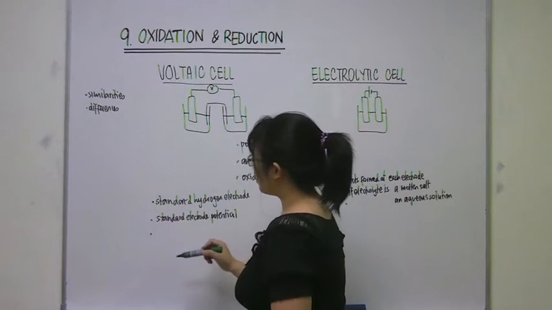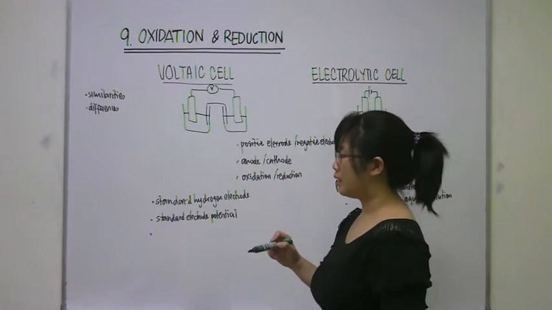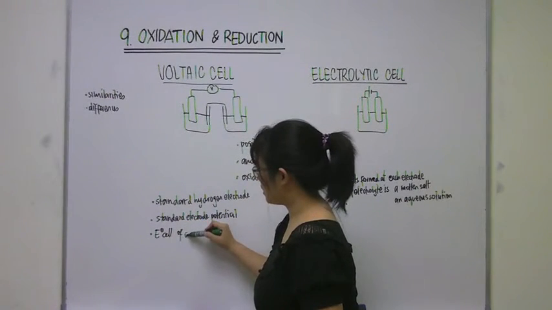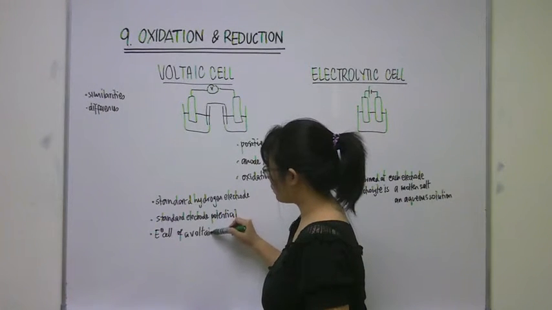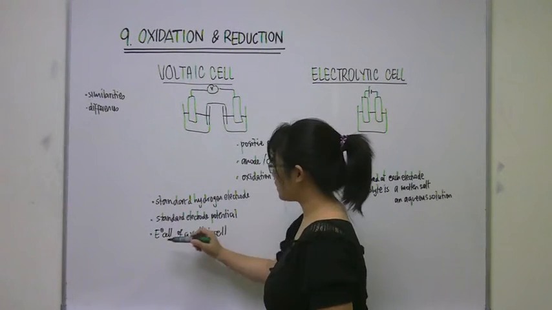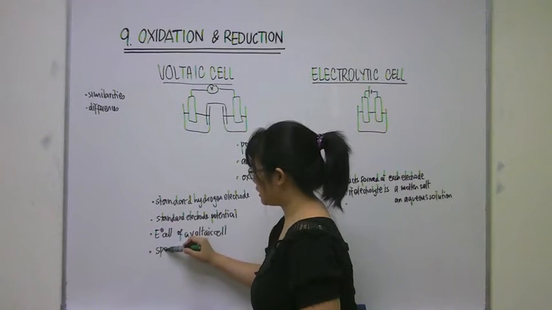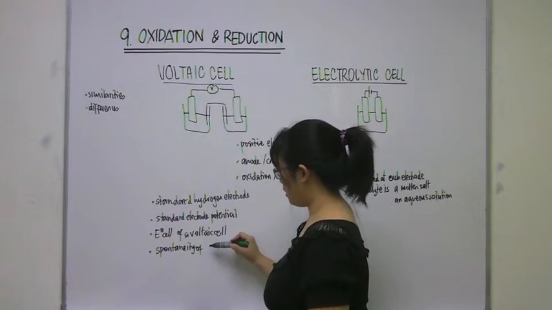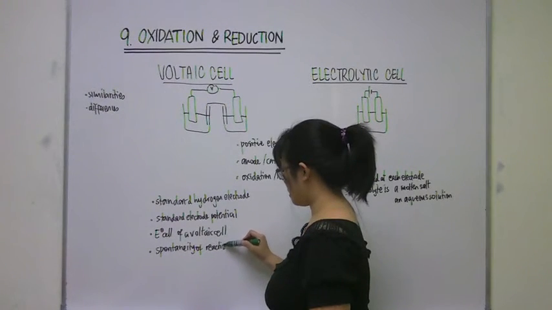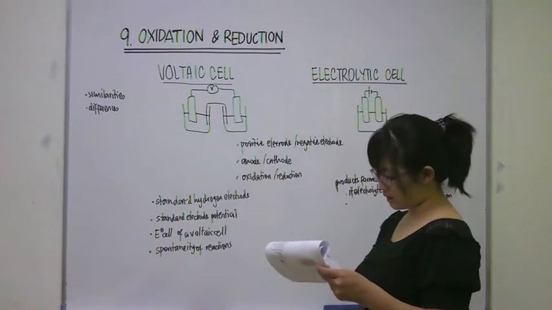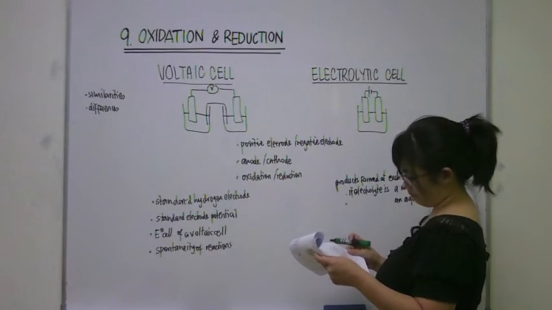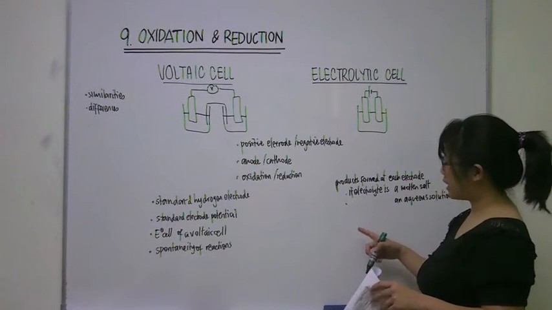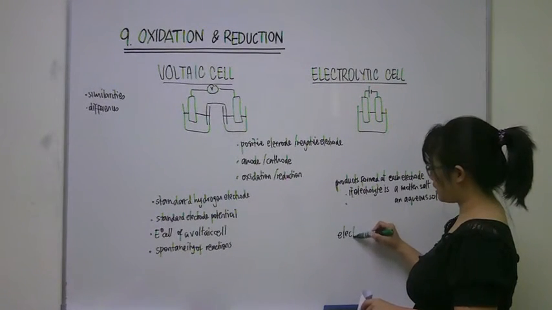They need to know about the EMF of a voltaic cell and how to calculate it. They need to know the spontaneity of a reaction based on the calculated EMF. And for higher level also, for the electrolytic cell, they need to learn about electroplating.